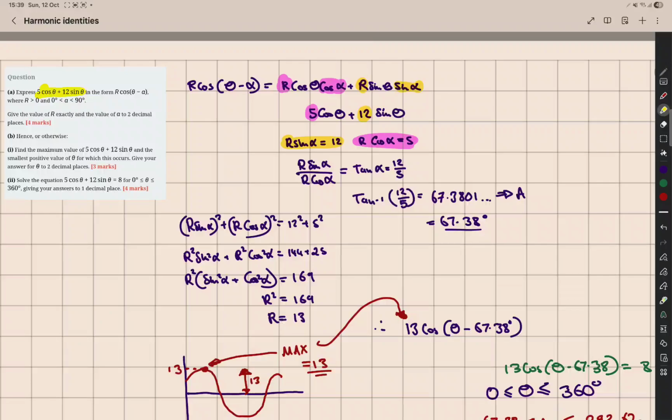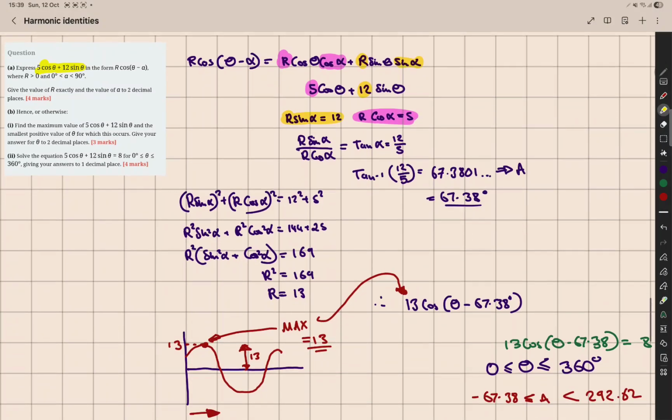The next part of the question says find the maximum value of 5 cos theta plus 12 sine theta, and the smallest positive value for theta for which it occurs. Okay, so the maximum value is going to be the highest point on the curve, because that has been stretched from 1 times 13, so we get a maximum value here of 13.